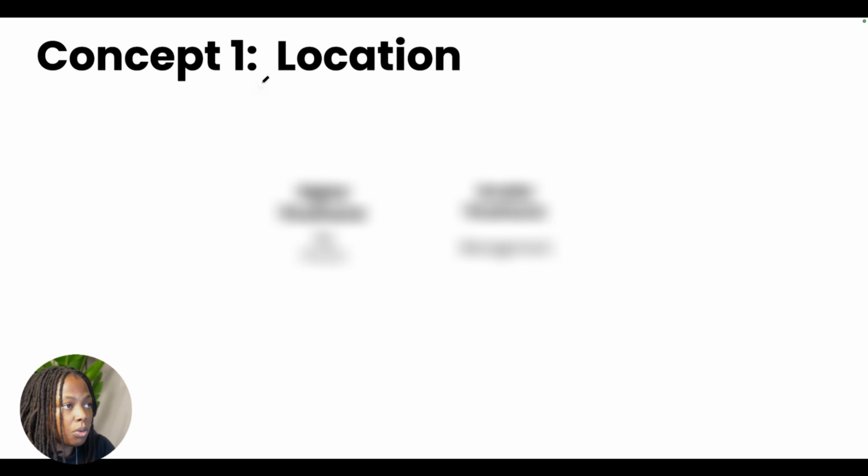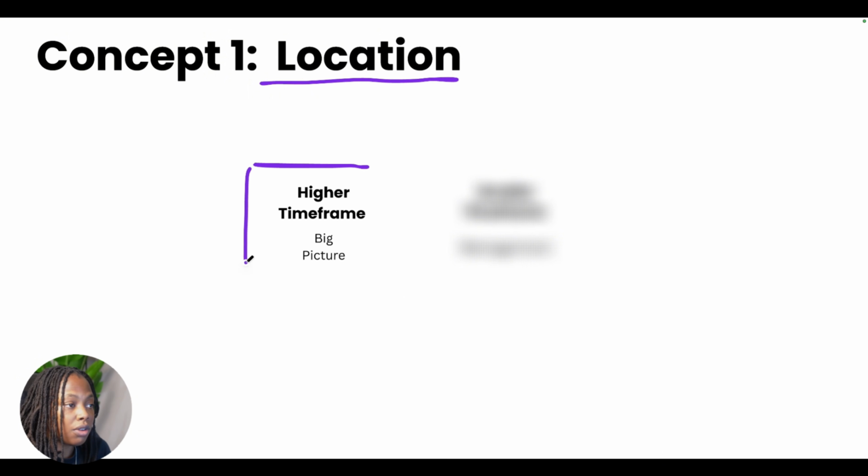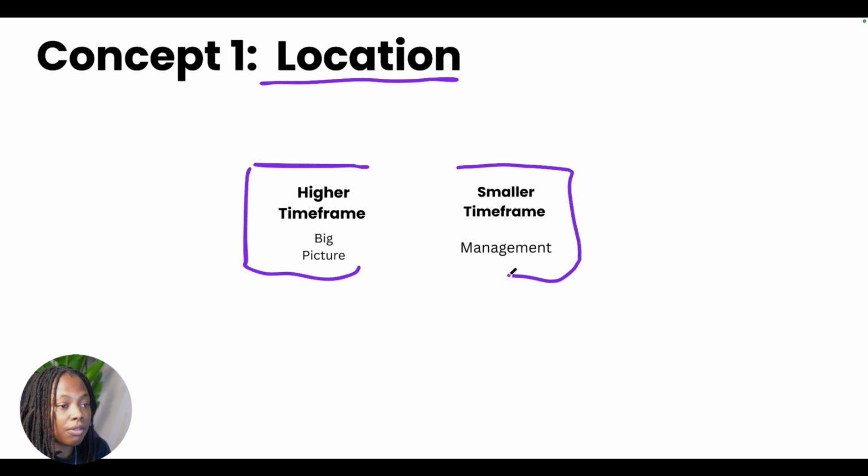What is concept number one? Think of it as location. You have different time frames when you open up the chart, but you can break it down into two so you understand, okay, you have the higher time frame, which is the big picture. And then you have the smaller time frame, which is mainly used for management to be able to see this big picture play out.